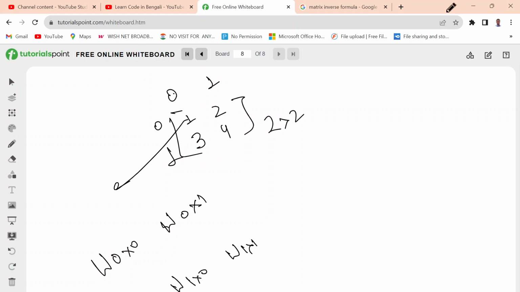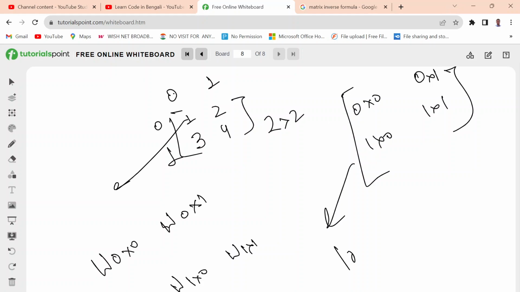So these things you should remember. So this is the index of this matrix. Have you got my point? That's why the error was coming there. Now I have solved the error.